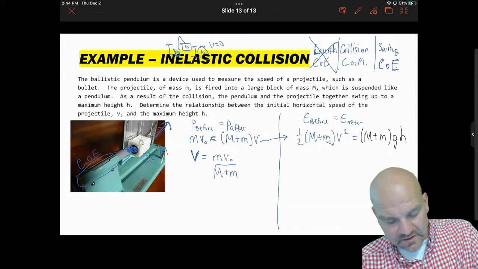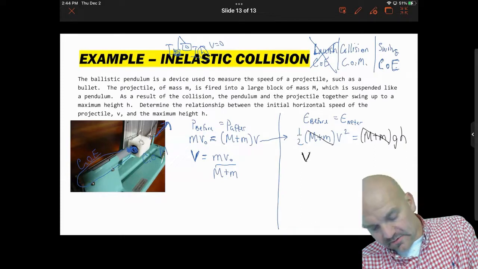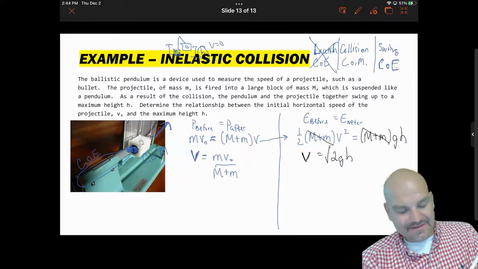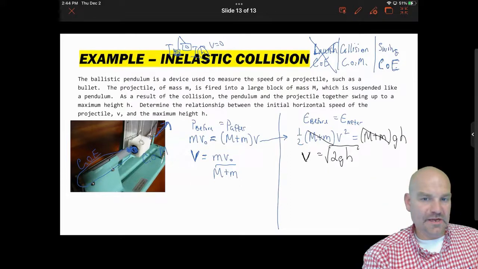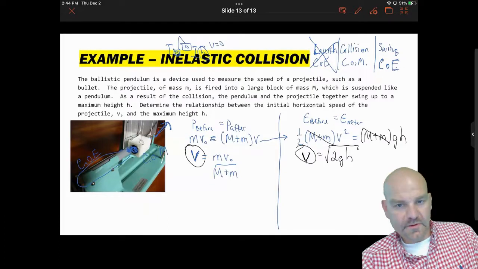So something you'd see here, this cancels that. And if I'm solving for V or h, I end up with V equals the square root of 2gh. But that doesn't relate my initial velocity. But this and this are equal.